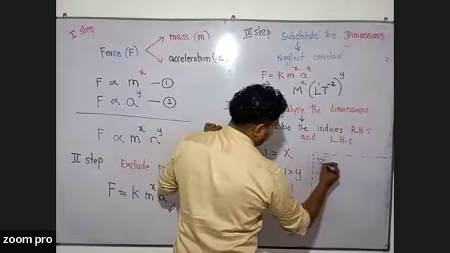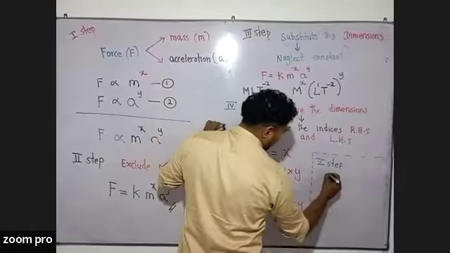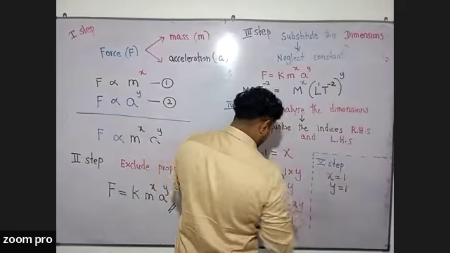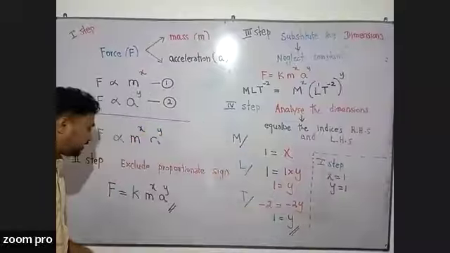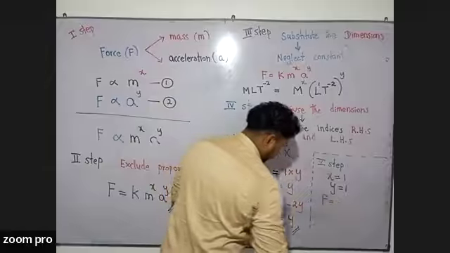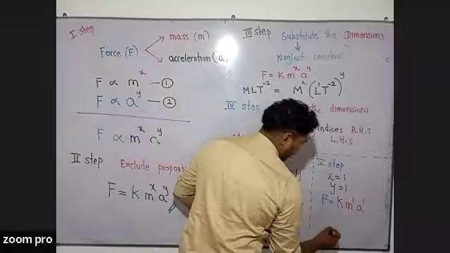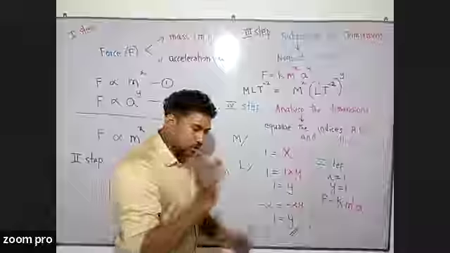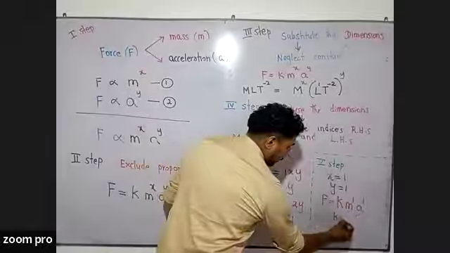So the fifth step is, now we have obtained that x equals 1 and y equals 1. Then let's substitute these values into the obtained equation, that is f equal k m to the power of x, a to the power of y. And the question mentions that the constant of proportionality, k, is equal to 1.